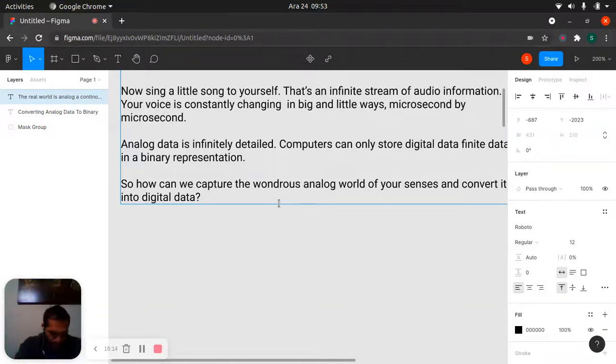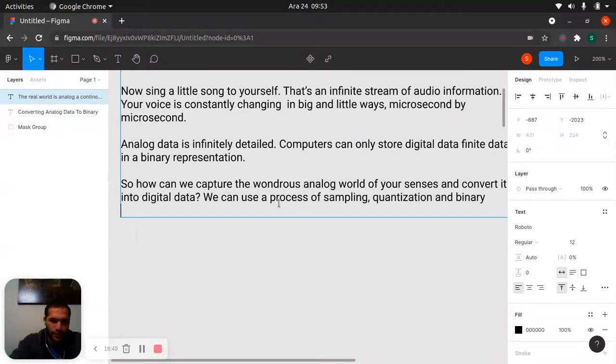This is a little crazy to explain. I mean, we can use the process of, let's look at here, sampling, quantization, and binary encoding.